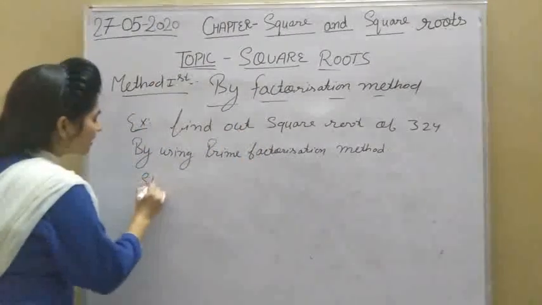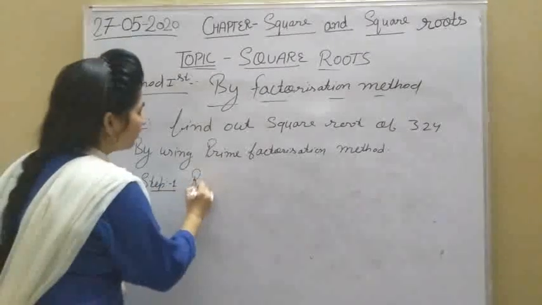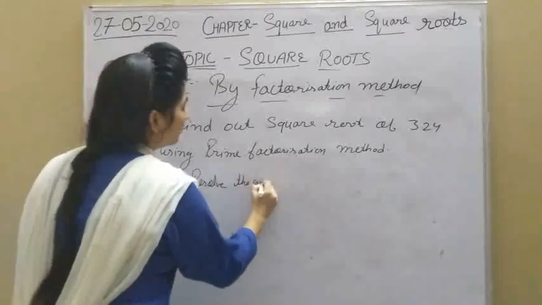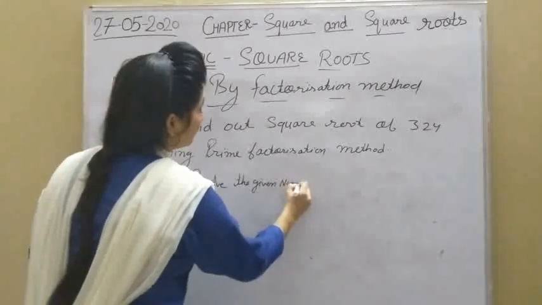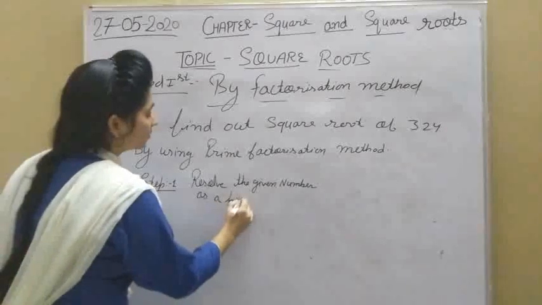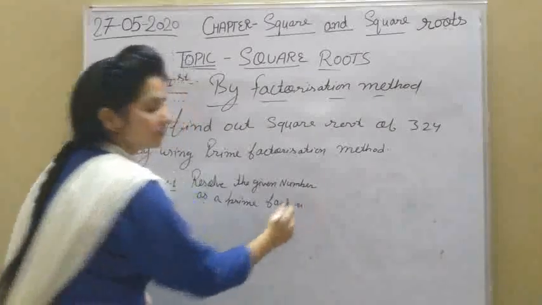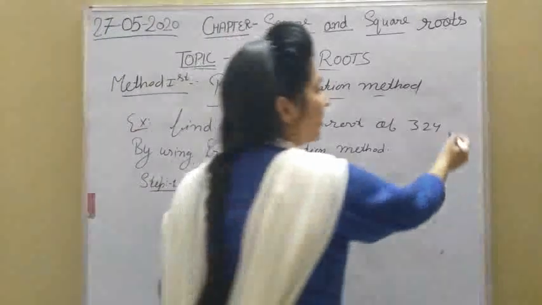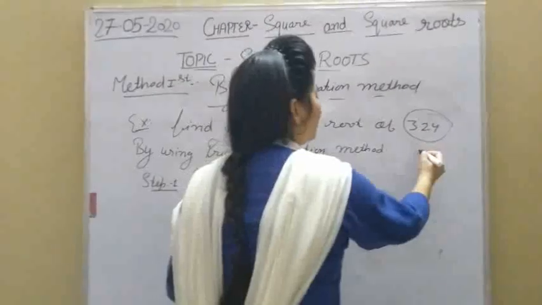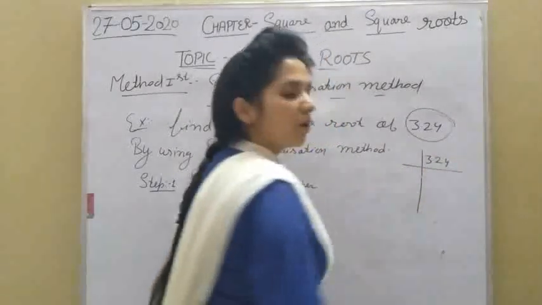So our first step will be, we will resolve the given number as the prime factors. Our given number is 324 and we will take the prime factorization of 324.